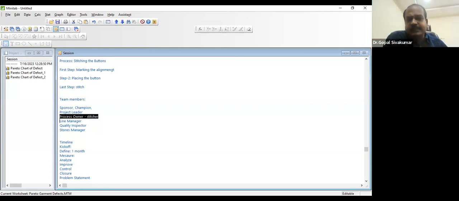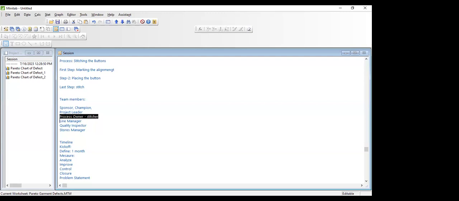I don't think there is any specific rule that the operator should not be included as a project team member. Let us say he is an operator, but he is also a yellow belt, trained on the quality principles. We should definitely involve that person, because he is the process owner.